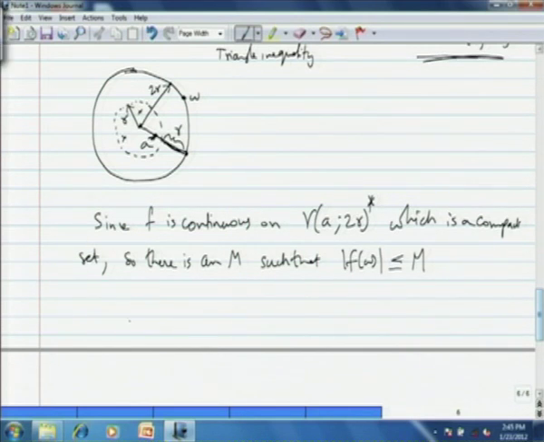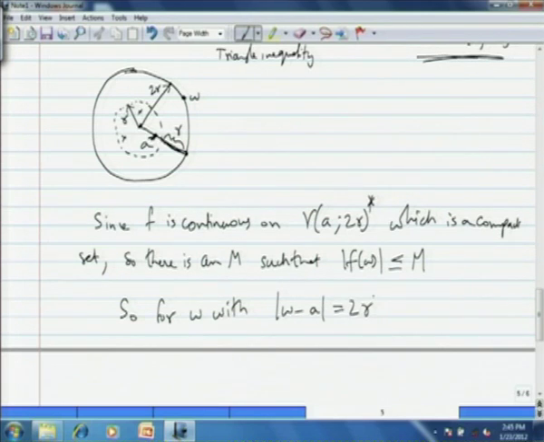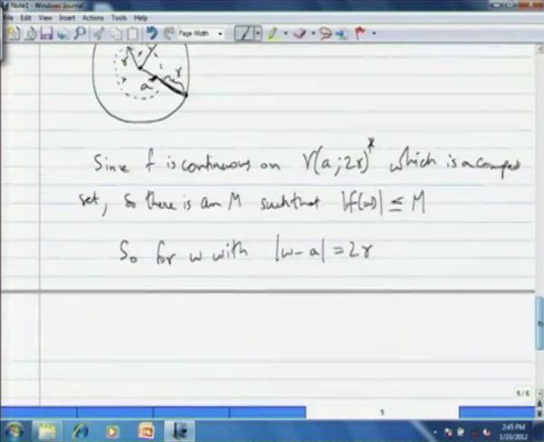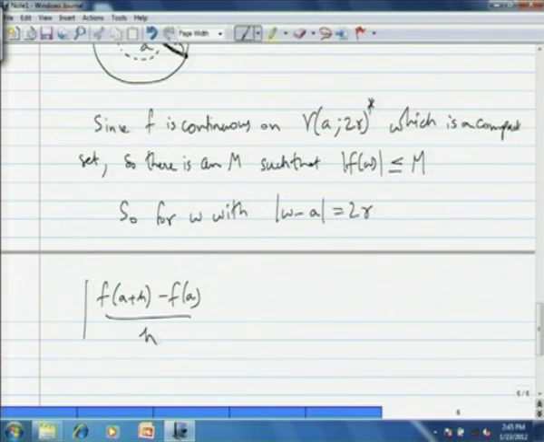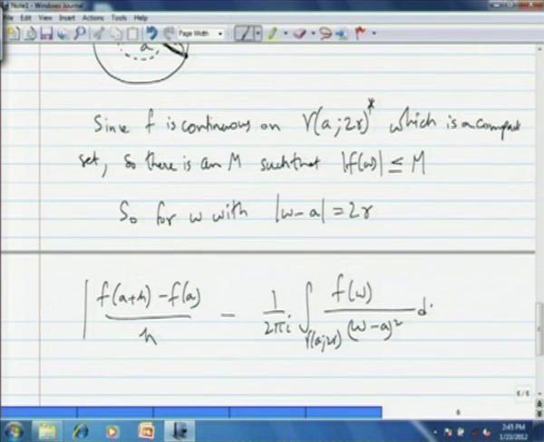So, for w with modulus of w minus a equal to r, that means for w on that circle of radius 2r, what we have is the modulus of f of a plus h minus f of a by h minus 1 by 2 pi i integral over gamma a to r of f of w divided by w minus a squared dw.